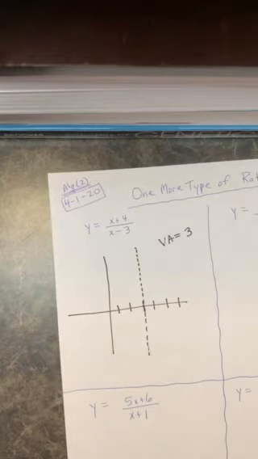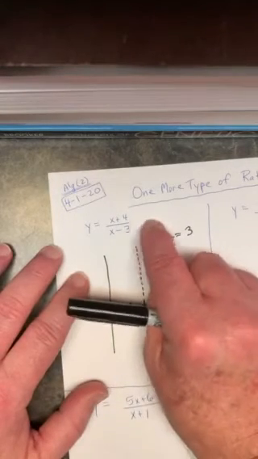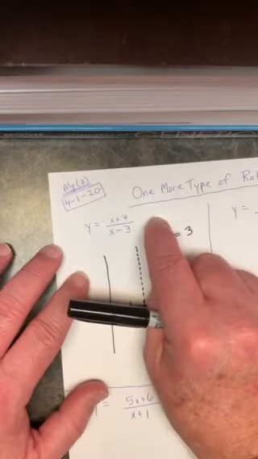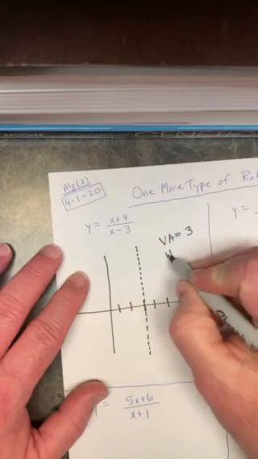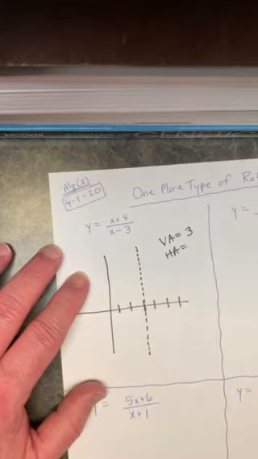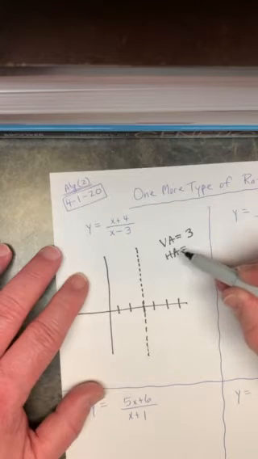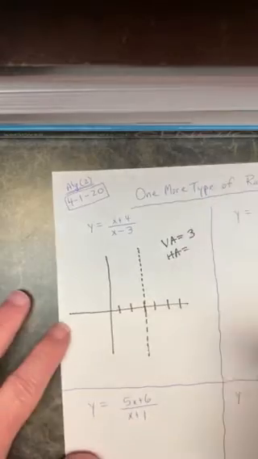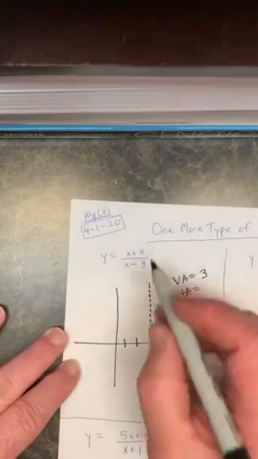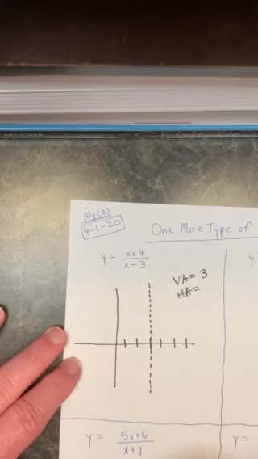Remember all that? Well, today, notice there is not a number tacked on at the end, but there is a trick I can show you that's going to allow you to figure out where the horizontal asymptote is. And here's the trick. To figure out your horizontal asymptote, all you've got to do is go back up to the original problem and look at the number that's in front of each of the x's.